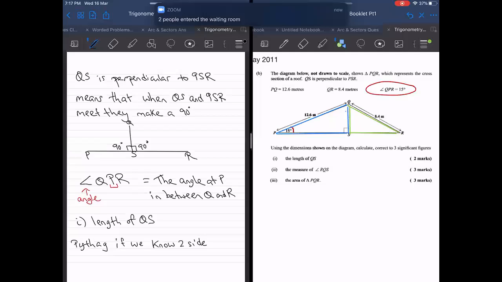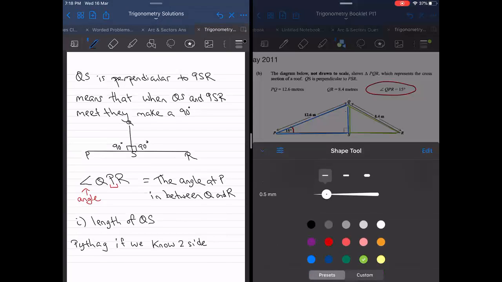So what we've established, right? So we start the question. We need to find QS, which is in the middle. So I'm looking at the 2 right angle triangles. And I'm saying that whenever we have right angle triangles, you either use Pythagoras' theorem or the trig ratios. One of those 2 things. For Pythagoras' theorem, you can only use it if you know 2 sides.